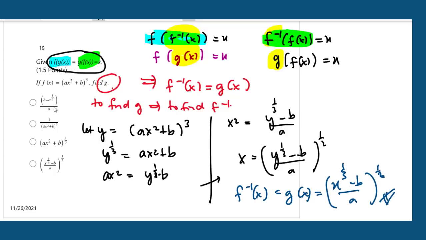Okay, so check the answer. This is the answer. This is just perfect for answering an objective question, though it does not follow all the correct solution steps for finding the inverse.